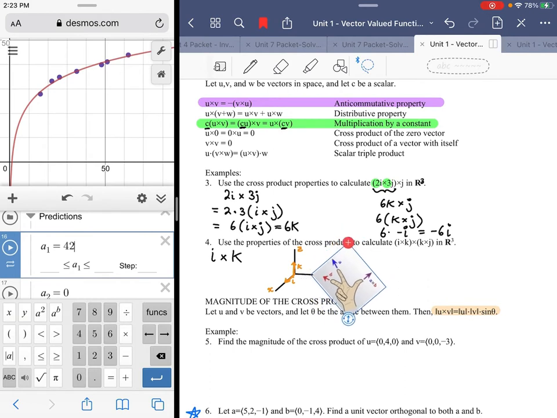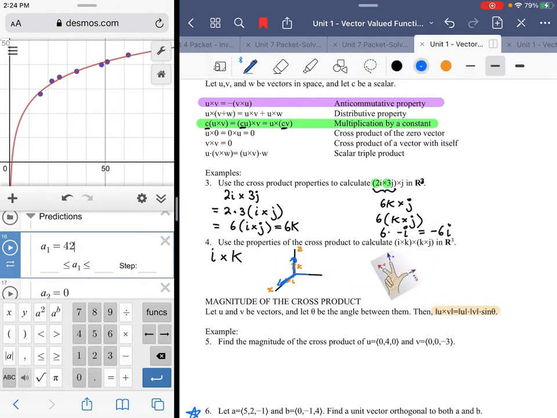Now, based off of the technology that I'm limited to, I can get a sense of what A cross B would be in this context. All right, so we're looking at this vector here being my A and this one being the B. If that's the case, then A cross B would be going in this direction.